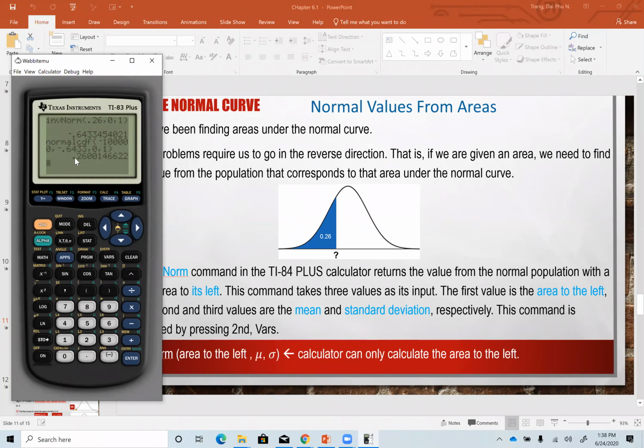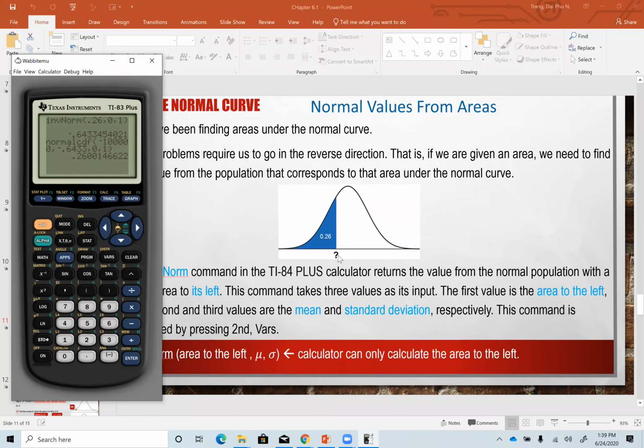Everybody saw that earlier, on the previous slide, where we were looking for the probability given the z-score, and we put in a normal CDF. But now they reverse the direction, and they ask you to find the z-score. I only know the percentage.